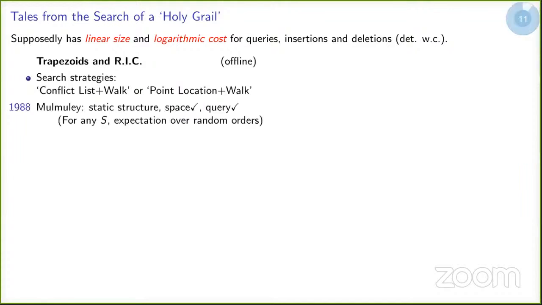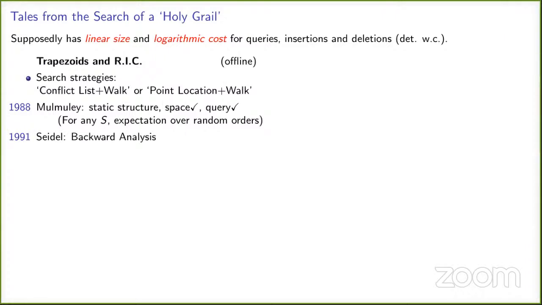And in '88, Mulmuley showed that one can get, for the static problem, a structure of expected linear space and expected logarithmic query time with either of these search strategies, but all based on the idea to do a point location search and a walk in the structure.